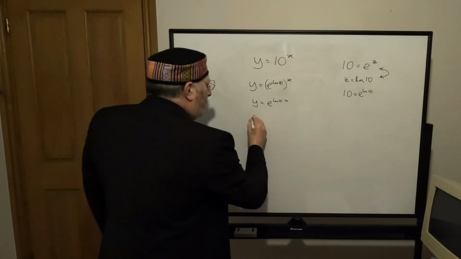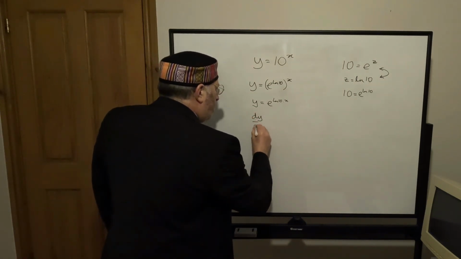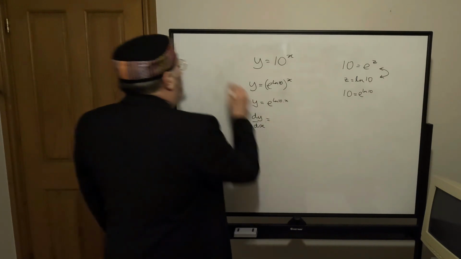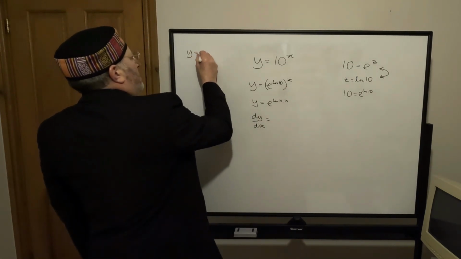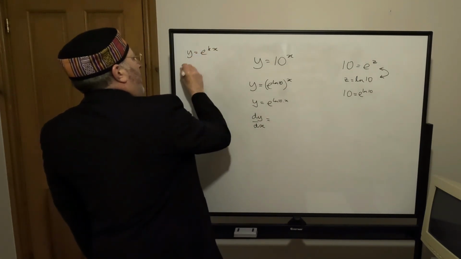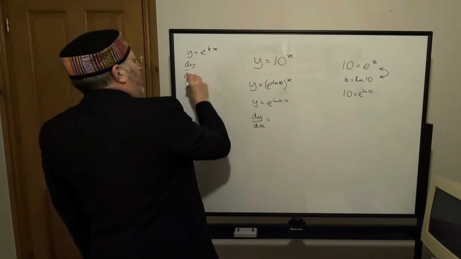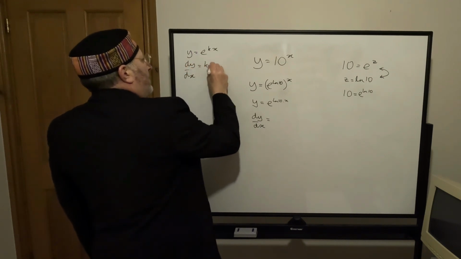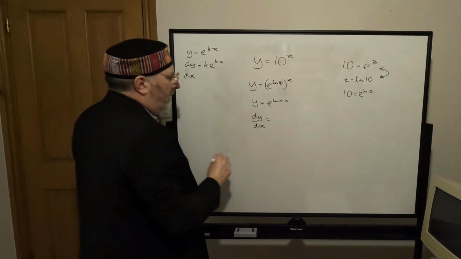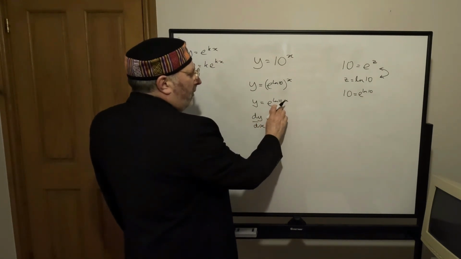So now we can differentiate, and let's just remind ourselves that if y equals e to the kx, dy by dx equals k e to the kx. So here k is log 10.